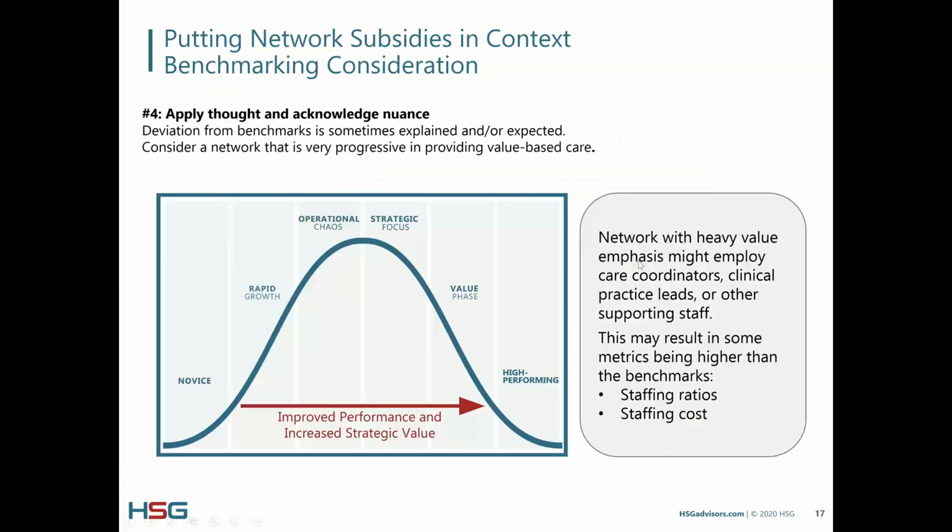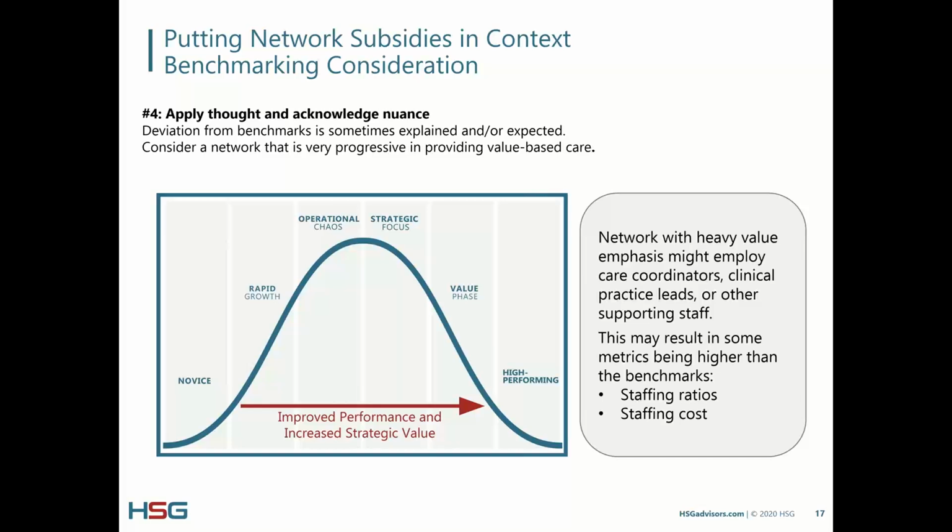And the last two I'll go through a little quicker because, as I mentioned earlier, applying thought and knowledge and nuance is really important. Variation from the benchmarks is not always inherently good or bad. You have to understand sometimes it's warranted, sometimes it's unwarranted. And if we think about an example where it might be really warranted, if there's a group in the value phase, as we've been talking about, they have a heavy value emphasis, they might be employing people in the practices to help achieve their value strategies.